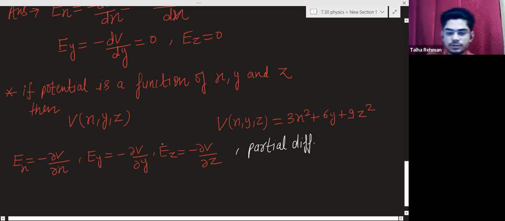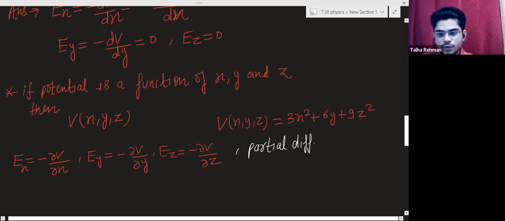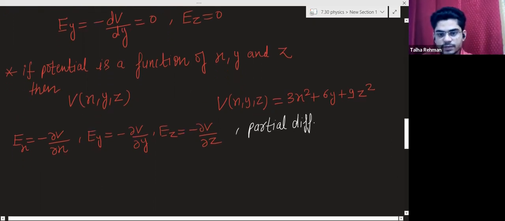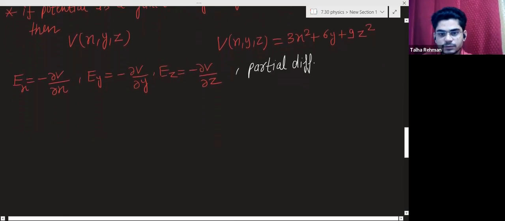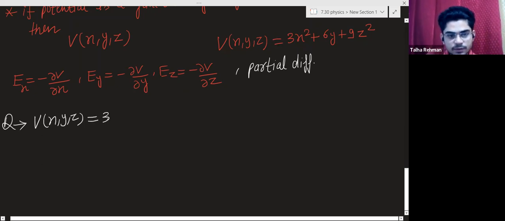Partial differentiation. So now we will solve one example so as to help you understand the thing better. V of x, y, and z is given as 3x square plus 6y plus 9z square.